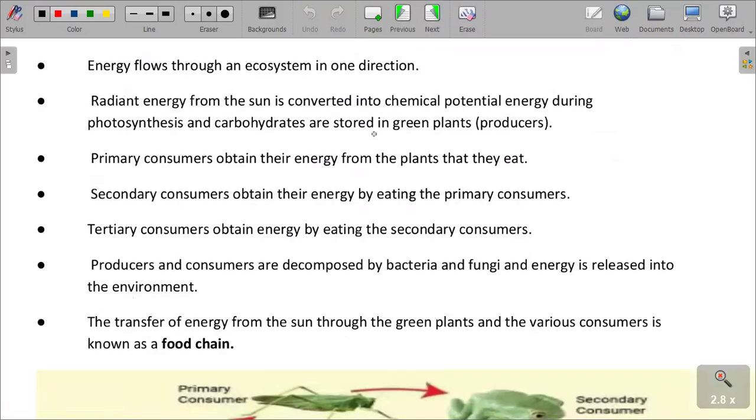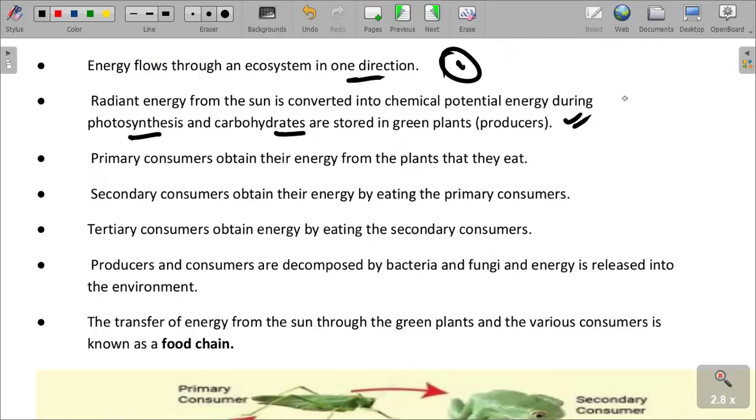So energy flows through an ecosystem in one direction, which we have already mentioned. Radiant energy from the sun is converted into chemical potential energy during photosynthesis. Carbohydrates are stored in the green plants, which are producers.